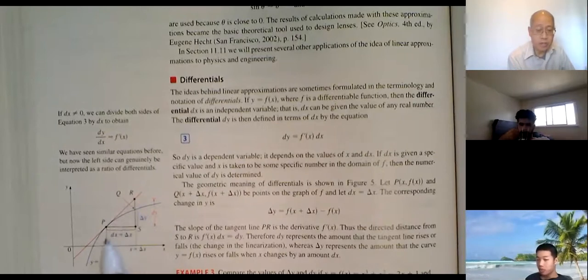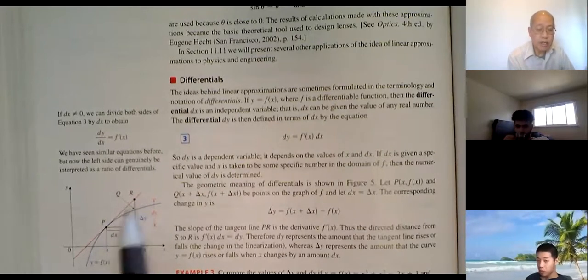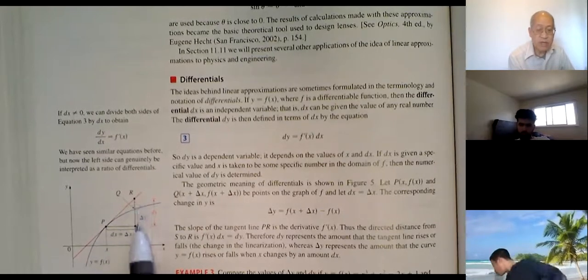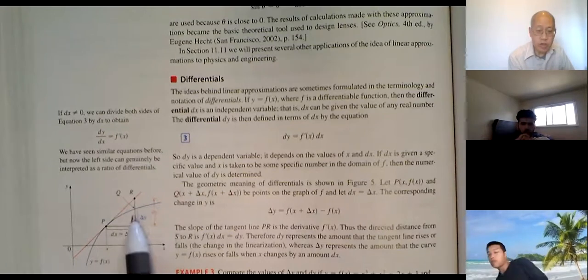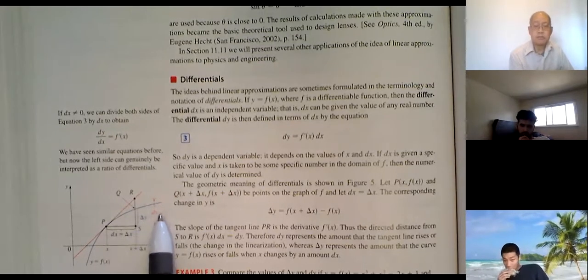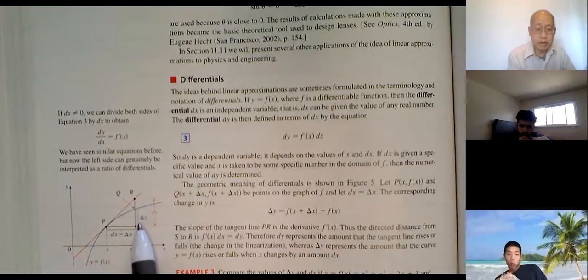So you can see they're not always going to be the same. If I went along the straight line approximation, the tangent line, the distance from here to here, that's dy. So you can see dy is only an approximation of delta y. But normally it's easier to compute. Sometimes delta y is pretty hard to figure out.